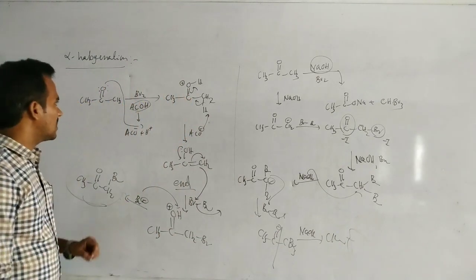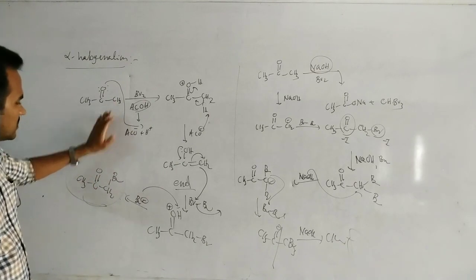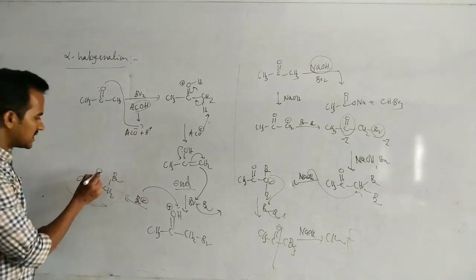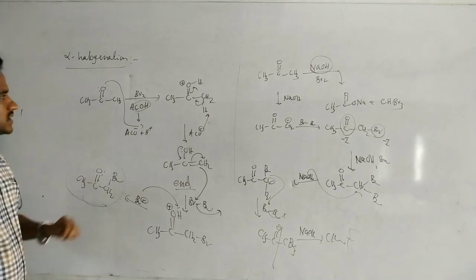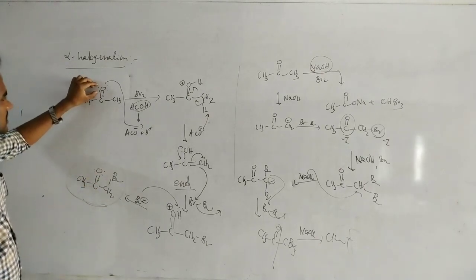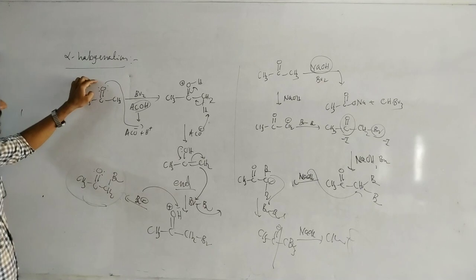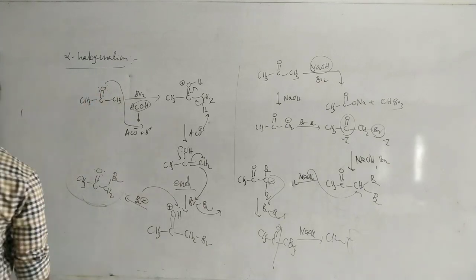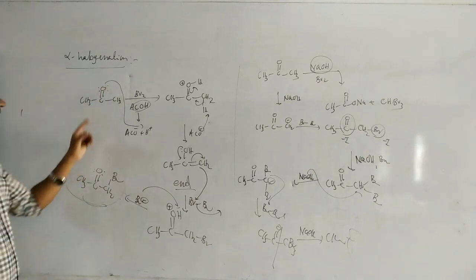This is nothing but haloform. But in the acidic case, after replacement of hydrogen by bromine, the basic nature decreases. Due to the lone pair of electrons, the oxygen acts as a base that accepts the proton from the acid.